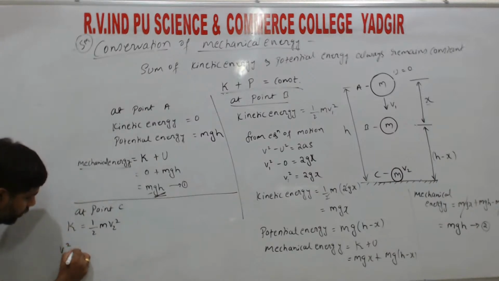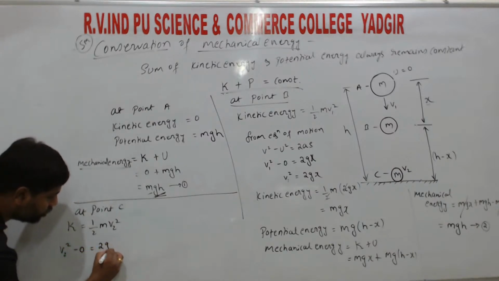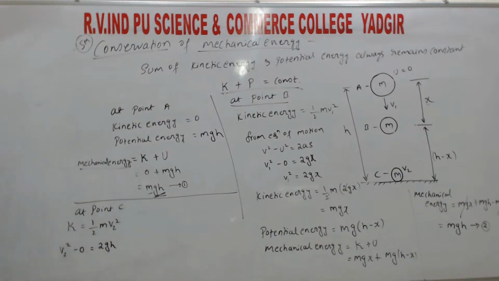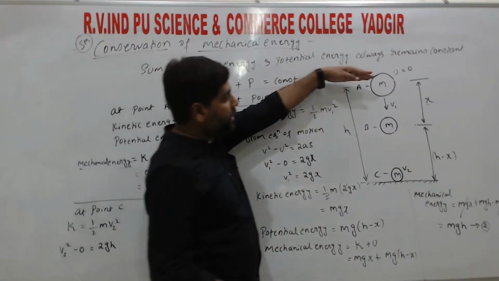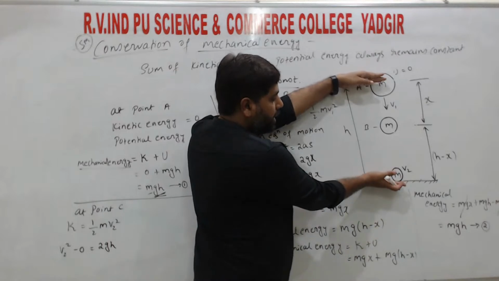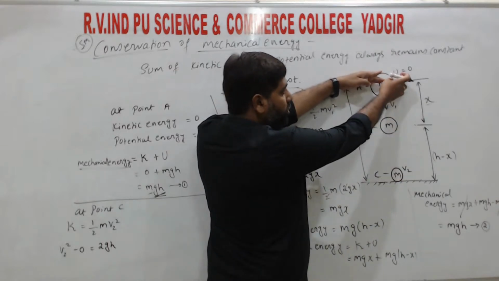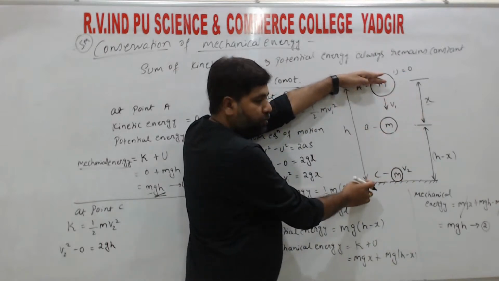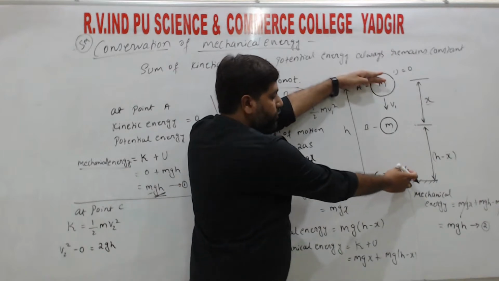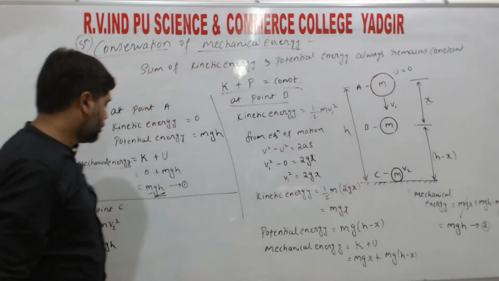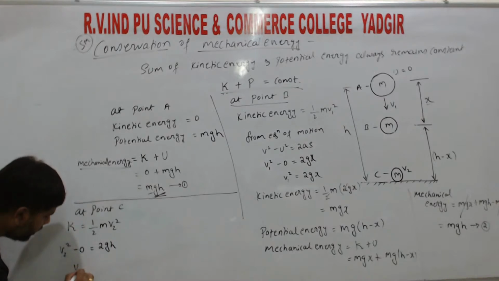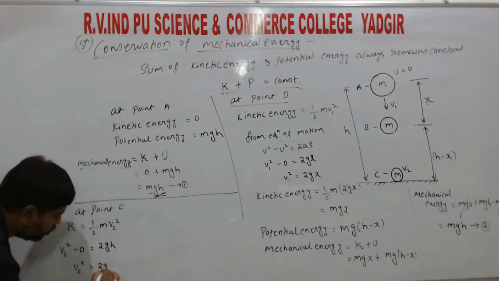So v2 square minus 0 equals 2gh, because it initially travels from a and reaches c, its initial velocity is 0, it covers the displacement h, and its velocity is v2, right? So v2 square is equal to 2gh.